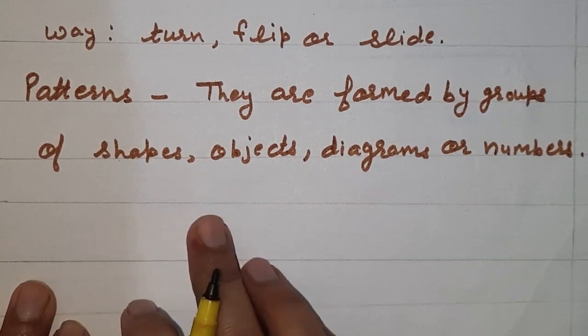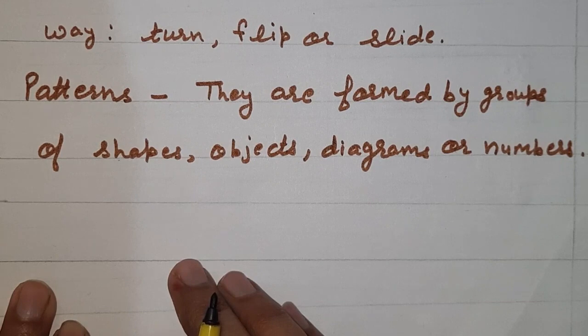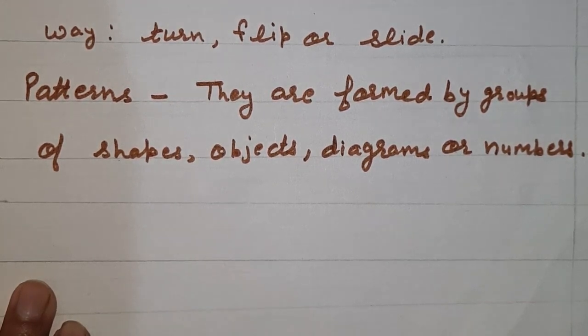And patterns are part of daily life and are very useful in mathematics as they can help us to solve some problems, as we are doing patterns and series in our reasoning also.